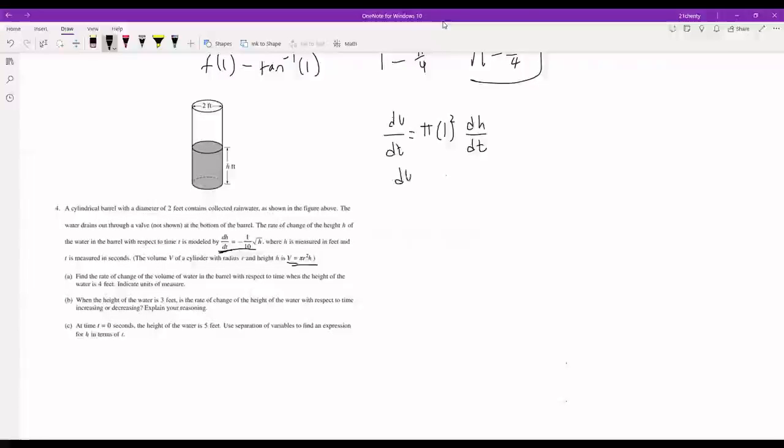So we can change this into pi times that, and then height of the water is at 4 feet. So that's 4. And we get, that's 2, so negative 2 over 10 is negative 1/5 times pi, or I'll just do it here to save space, negative pi over 5.